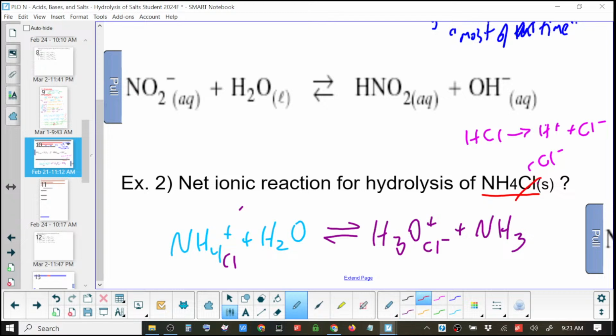But we already eliminated the spectator ions, and so it does become the net ionic. Wait, can you go over how you know it's a net ionic? We pre-eliminated the spectator ion that doesn't do anything. How do you know that was the spectator ion? Because it doesn't do anything in this reaction. It'd be present here, and it would just dissociate 100%, and then it would be present here, but it would just dissociate 100%. It would be on both sides, and you'd be able to cancel it out.